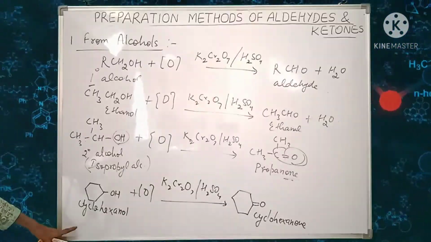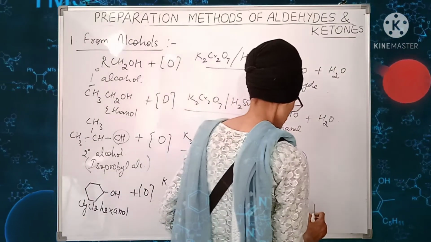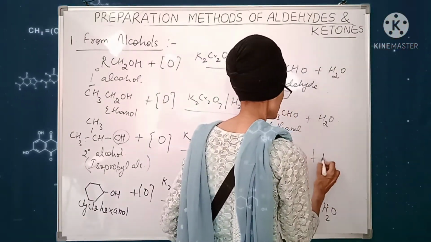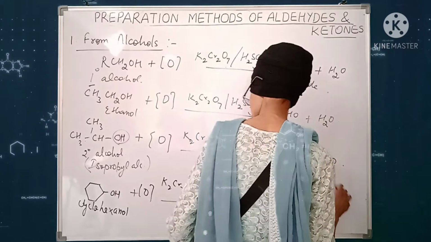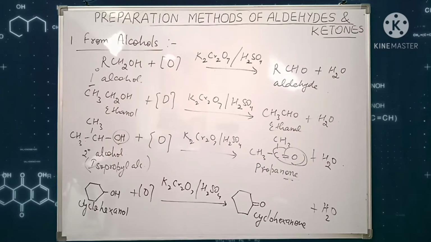So cyclic alcohol changes to cyclic ketone. Water is also obtained as the side product. In the preparation of ketones also, water is a side product.